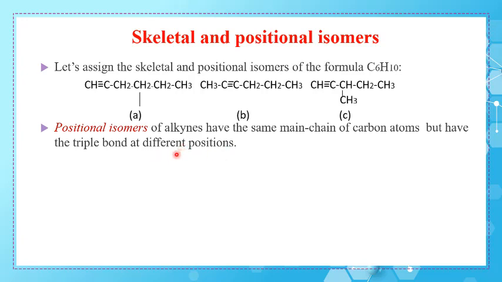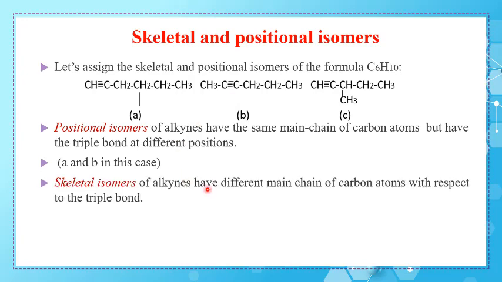So from these 3 isomers, A and B have the same main chain of carbon atoms but different positions of the triple bond. So A and B are positional isomers.